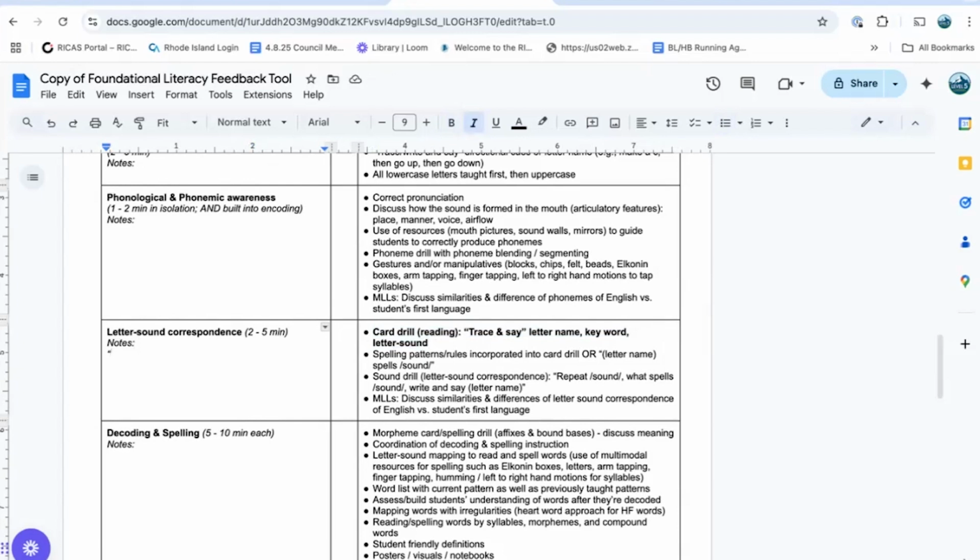The column on the right has such specific things that you're looking for, those are the look fors. So once you bold them, they happened. You don't have to say, I observed a card drill. You've already highlighted it. Instead, you use the notes section to capture any of the evidence, the things that teachers and students are saying that help inform it.